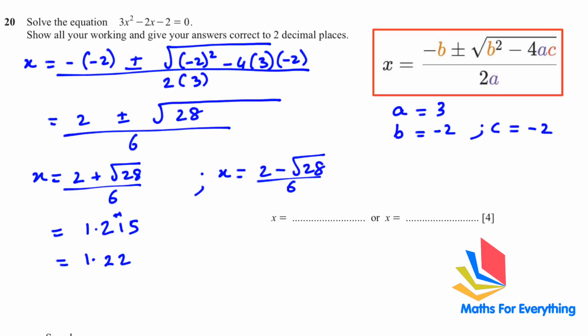And for the second part, x is equal to negative 0.548. Again, the number after the second decimal place is more than 5. When you add 1, you will get negative 0.55. So our answers are 1.22 and negative 0.55.